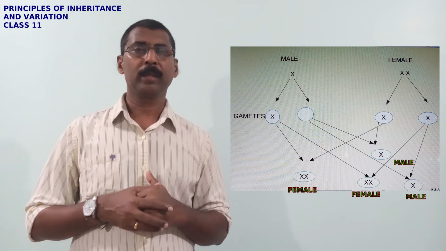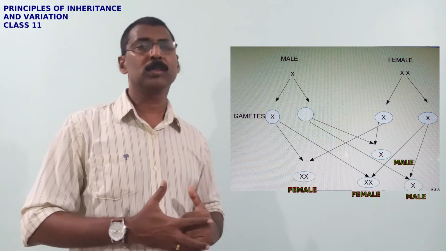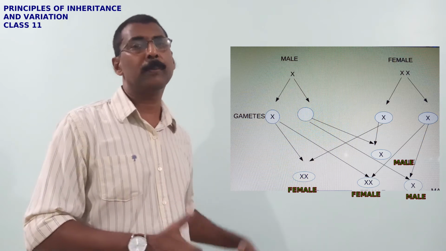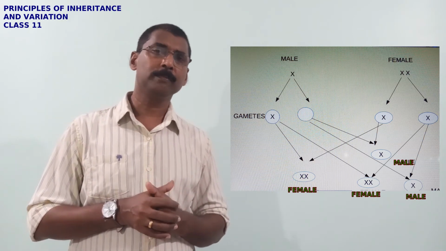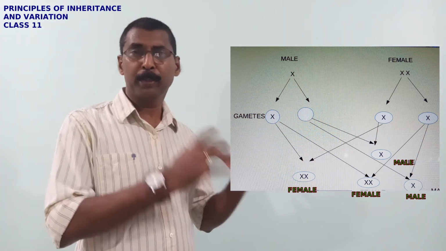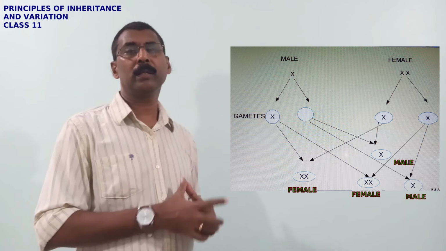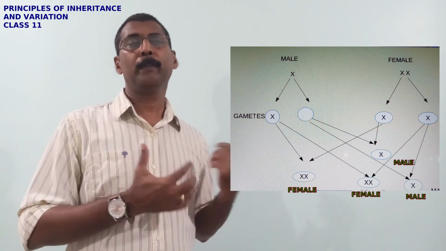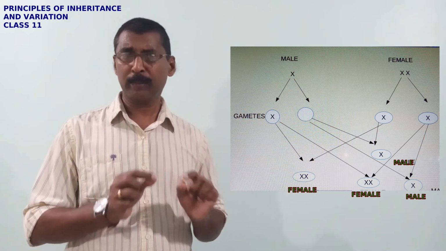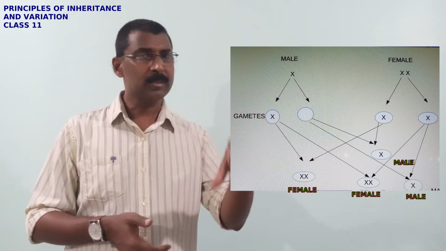During fertilization, when an egg fertilizes with the sperms having X chromosome, it would produce a zygote with the XX pattern, and that would develop into a female individual. And when an egg fertilizes with a sperm without X chromosome, that would produce a zygote with X0 pattern, and that zygote would develop into a male individual. So this is the chromosomal pattern of sex determination in the case of certain insects, not all insects, certain insects.